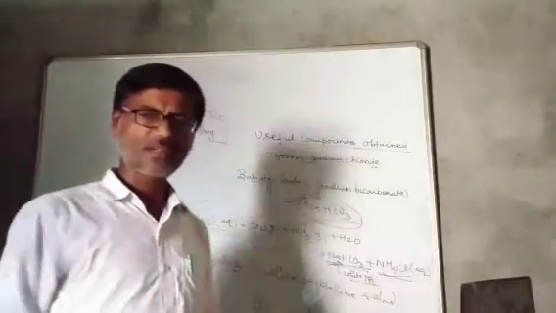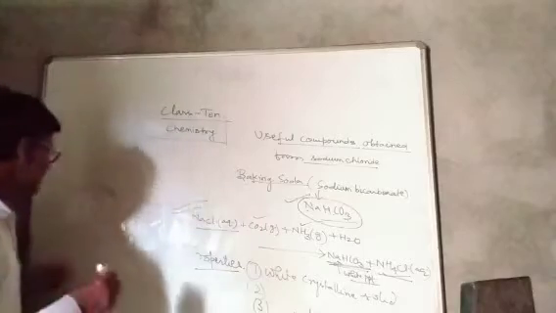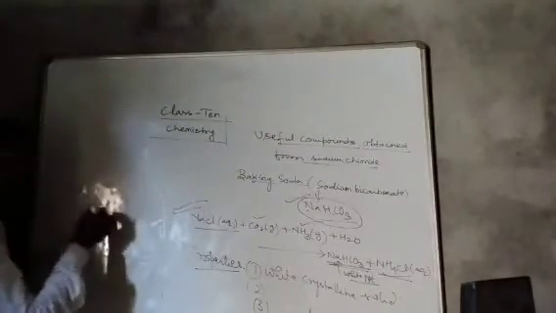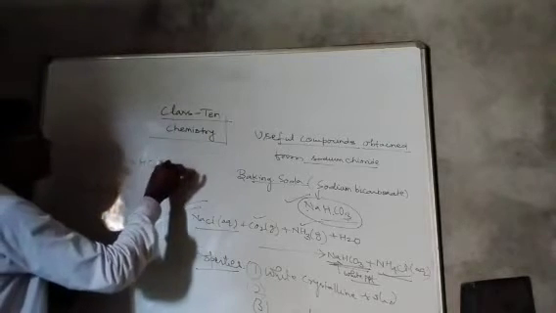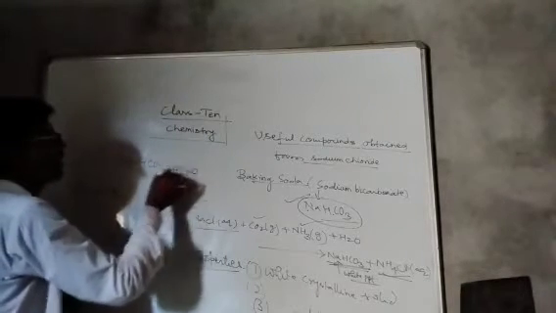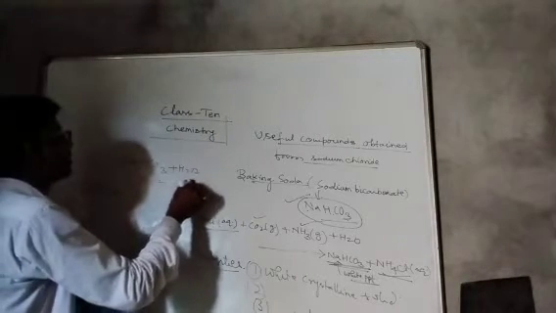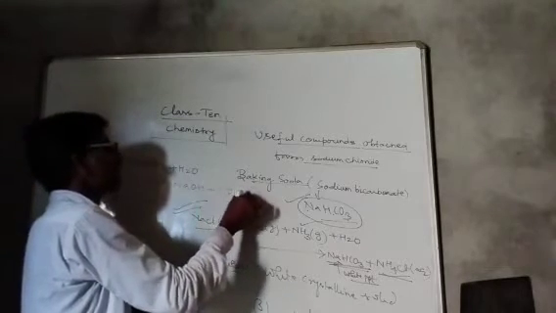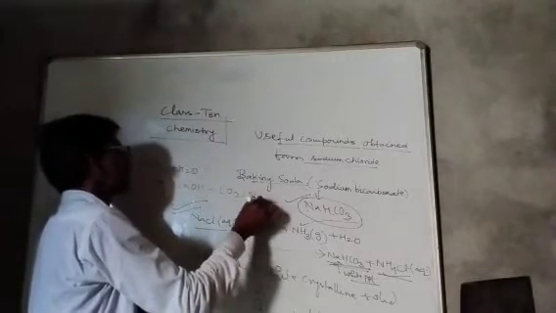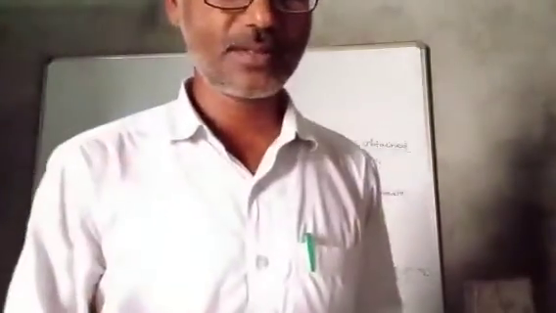When water is mixed with the dry flour to prepare dough, the compound baking soda, sodium hydrogen carbonate, reacts with water, releasing carbon dioxide gas.